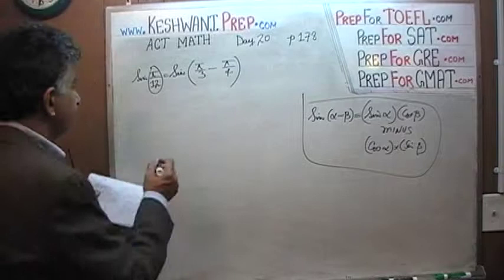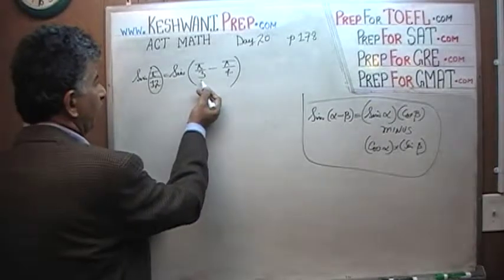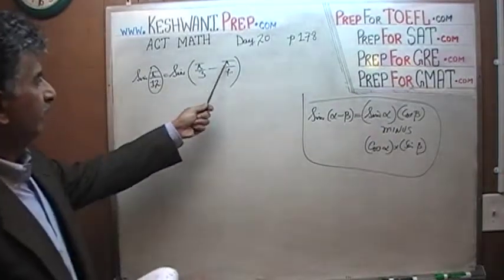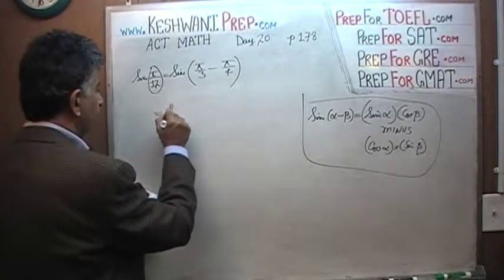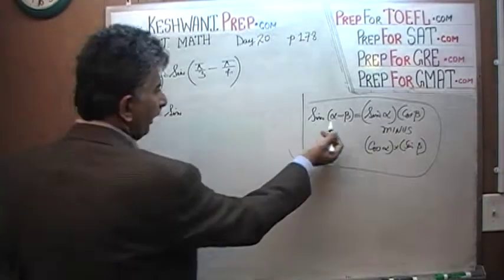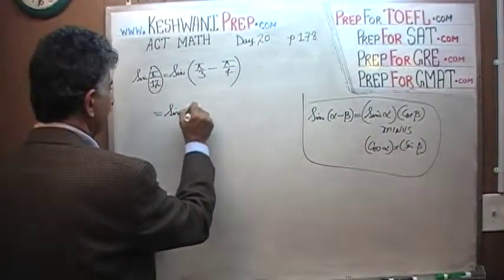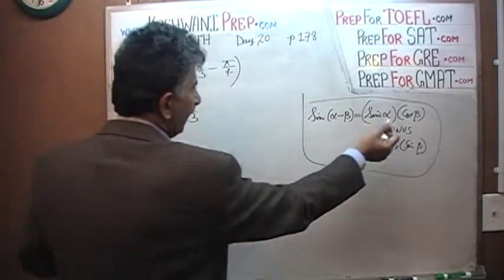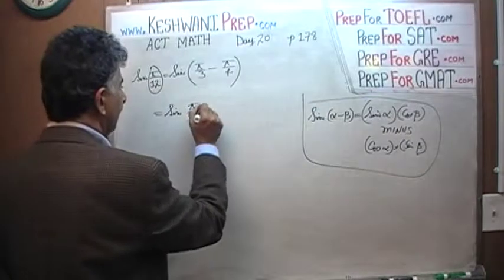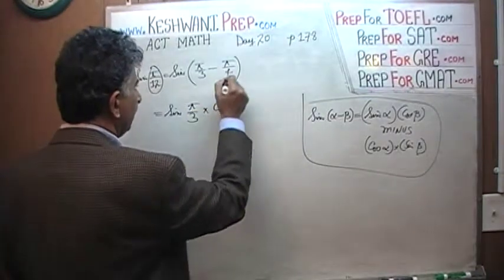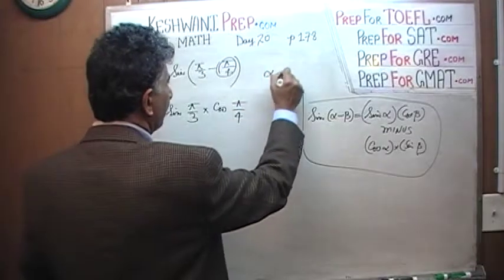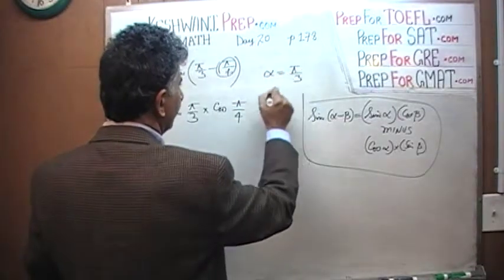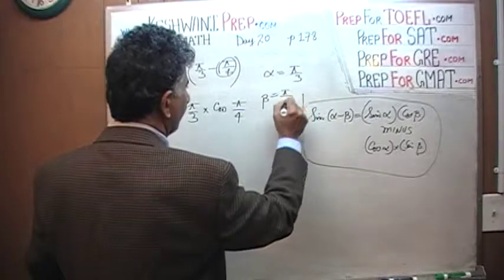Let's find it. So sine of pi over 3 minus pi over 4 is going to be the same as sine of alpha, which is pi over 3, times cosine of beta, which is pi over 4. Our alpha is pi over 3 and our beta is pi over 4.